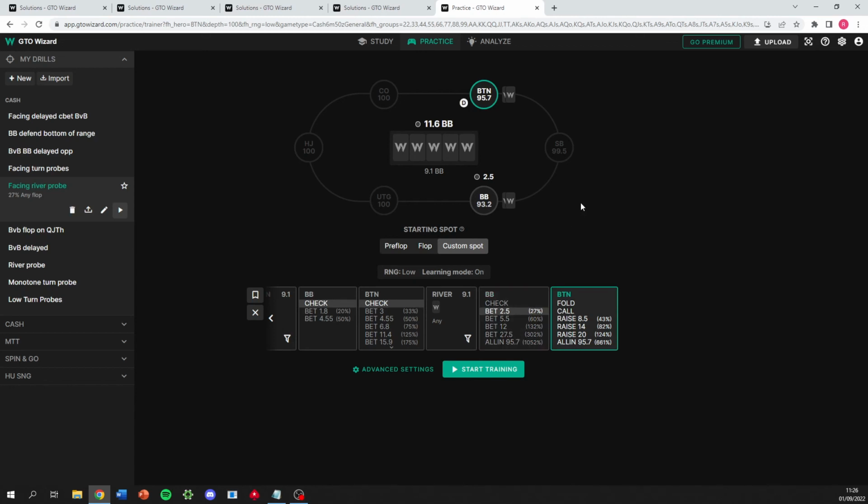It's definitely quite helpful to get familiar with different kinds of runouts, get to know what the thresholds are, which hands are value beaters, which hands are just bluff catches on certain runouts, and which hands make for good bluff catches, especially against the small sizing. I think it's often surprising how much we have to call, how much we have to bluff raise. So definitely a lot to learn.